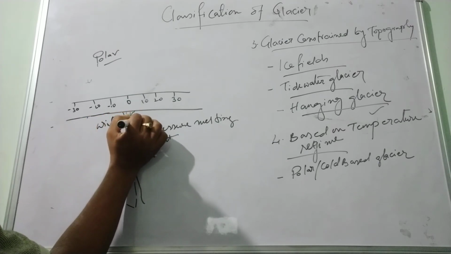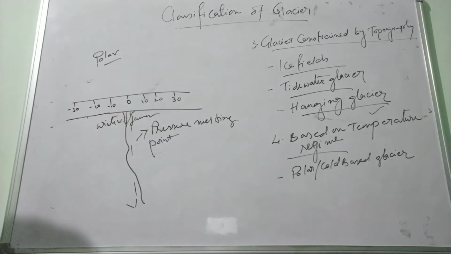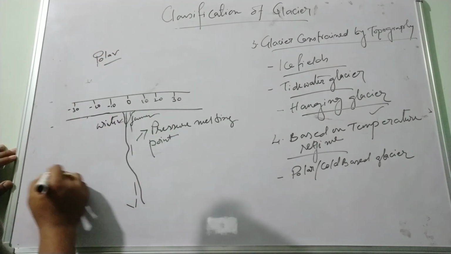Winter and the summer, and the temperature of the ice is at the pressure melting point and is melted. So that occurs in the temperate glacier.